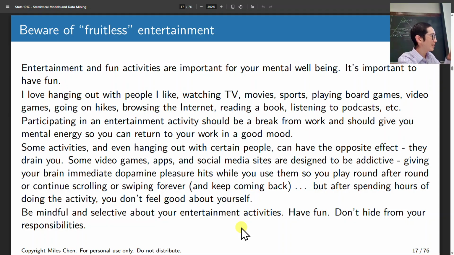And so you end up spending a ton of time and then at the end you walk away, and rather than feeling refreshed and feeling like, oh yeah, I'm happy and life is beautiful, and I love living, it's just like, oh, I feel crappy about myself, right? And if that's your relationship with certain things, just be mindful of that, okay?